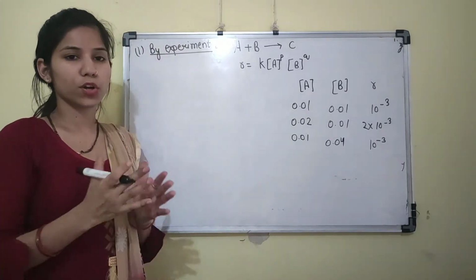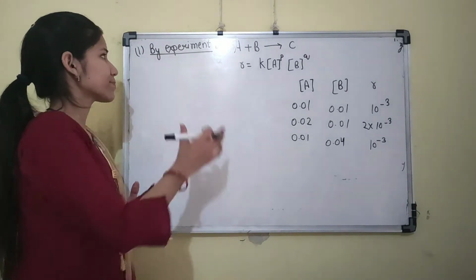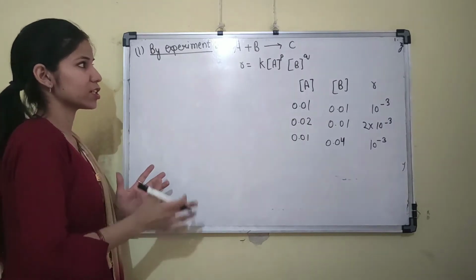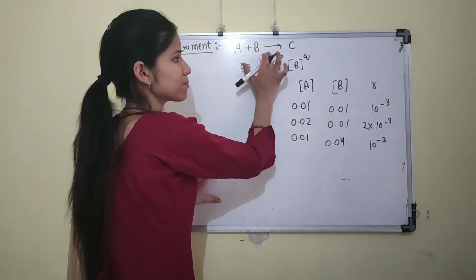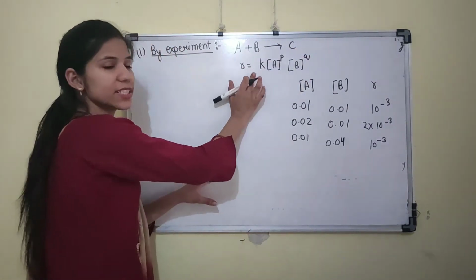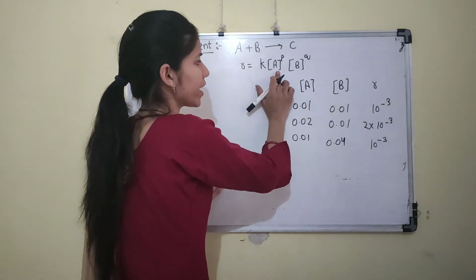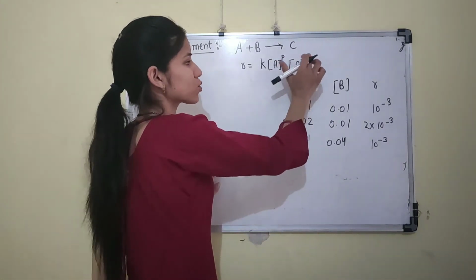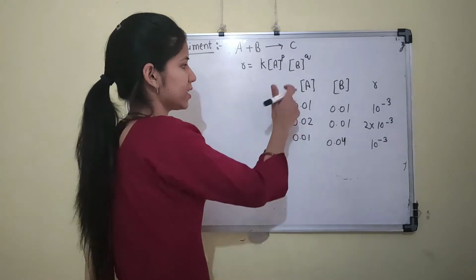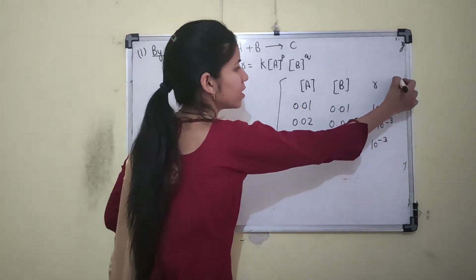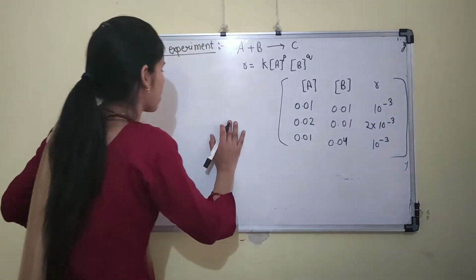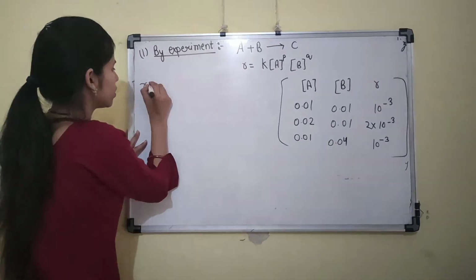Determination of the order of reaction. The first method is the experimental method. This is the reaction A plus B gives C. The rate is equal to K into A raised to the power P and B raised to the power Q. And this is the example. Now we find the values.